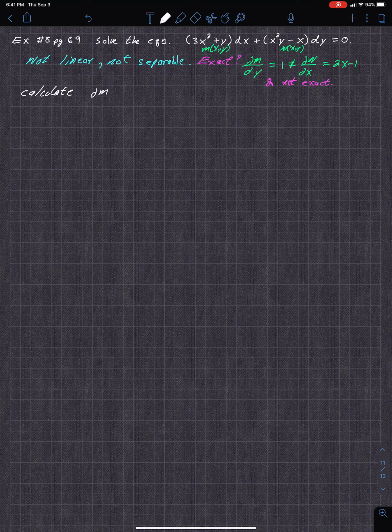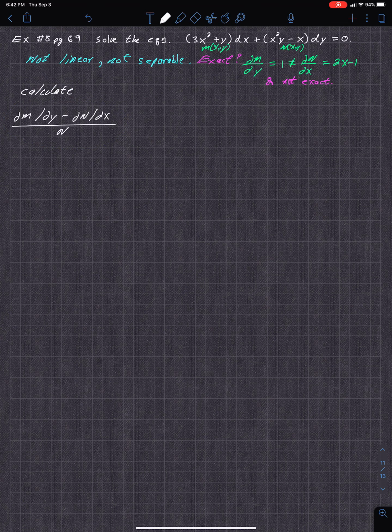So (∂M/∂y − ∂N/∂x) all over N. You calculate that and see what you get. We did the partials above, right? So it's just (1 − (2x − 1)) over (x²y − x).